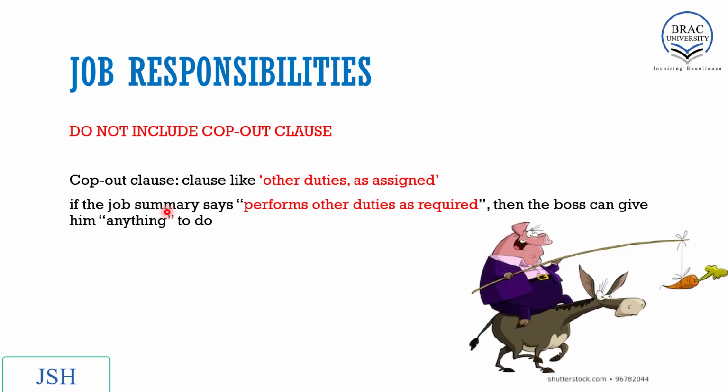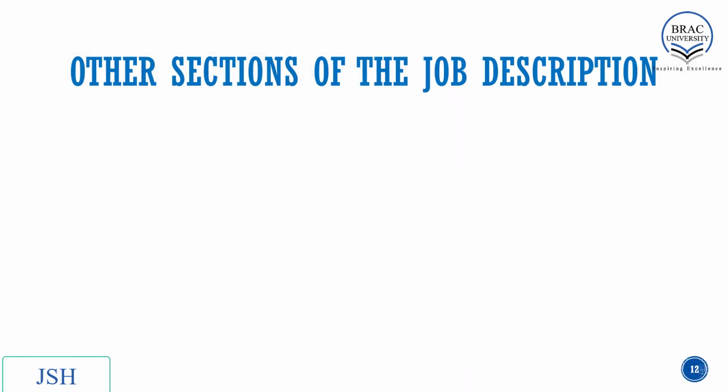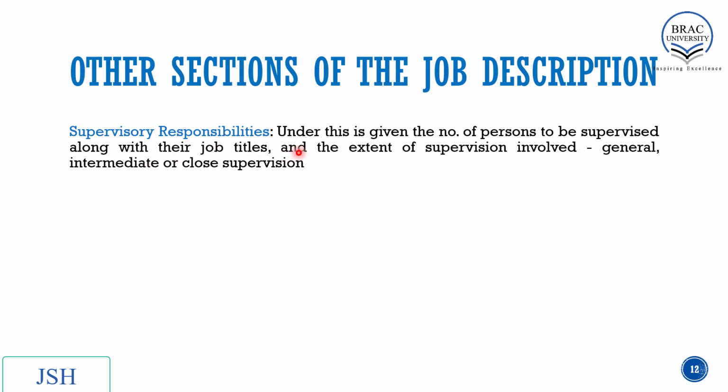All right. So we have gone through a lot of sections of the document. Besides all of these sections that I have described till now, some other sections might be there as well, such as supervisory responsibilities. So what do I mean by that? For example, in case the job is for the position of the head of marketing, he or she will obviously be the boss of a lot of people, right?